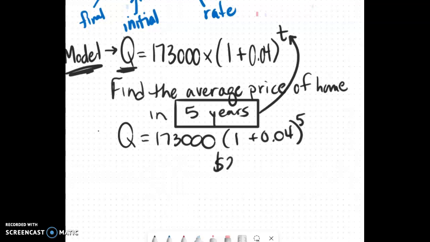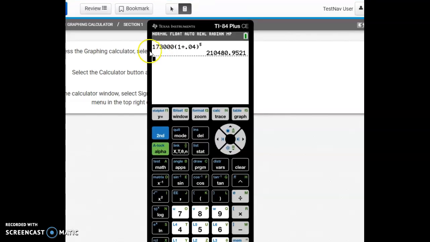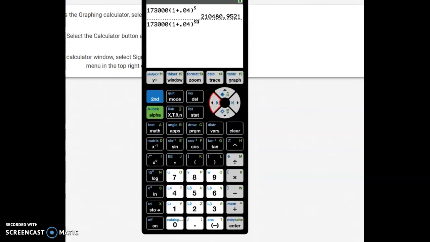So let's write that on our paper here. Now, to fill in the rest of the table that you're given, you change the value of T each time and plug it into your calculator. Now let me show you how you can easily do that on this calculator. If you enter it one time, and let's say I want to find it in 4 years, all I have to do is hit second and then the enter button down here.